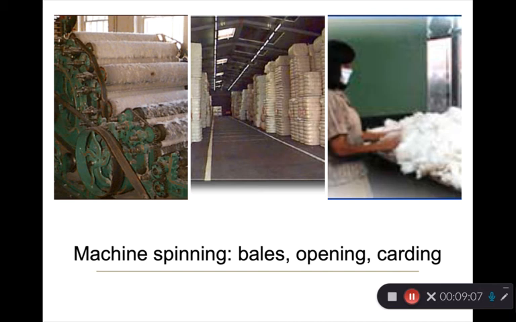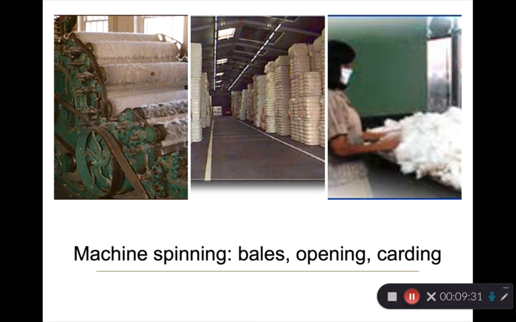Then we can do something called carding, which we talked about in our cotton section, where machines with wire teeth start to align the fibers or make them more parallel. You're going to make a better quality yarn the more parallel you can get those fibers to each other. It also gets rid of fibers that are too short to be spun within a yarn.